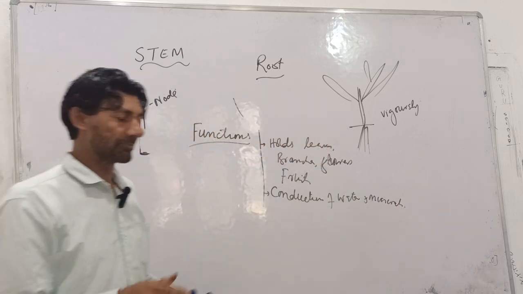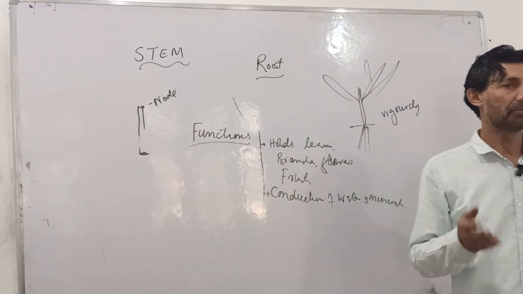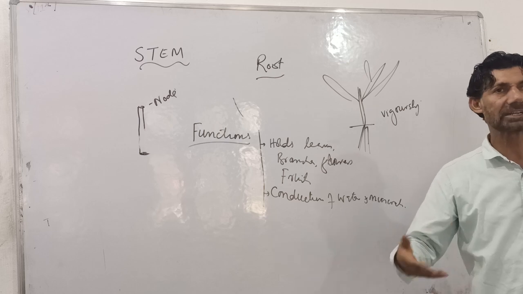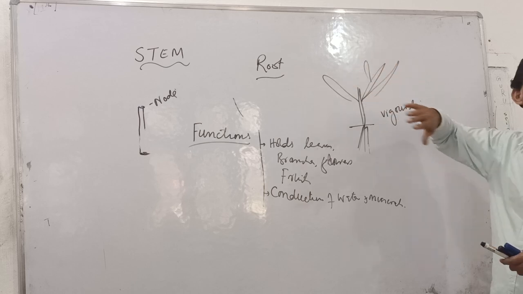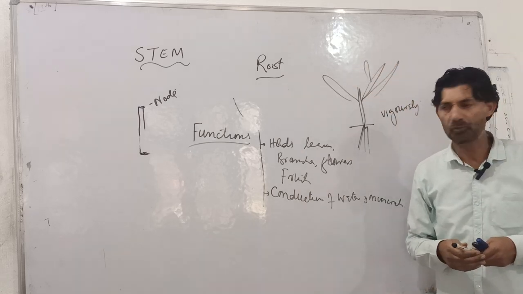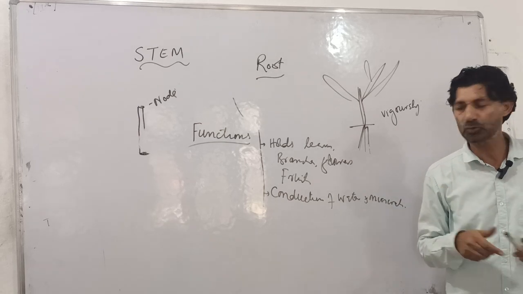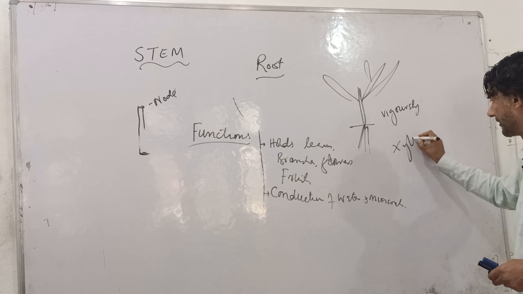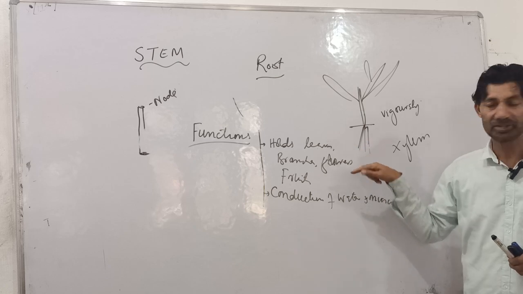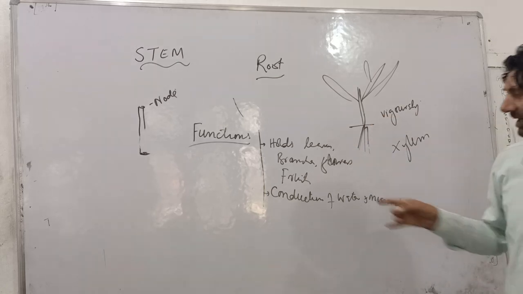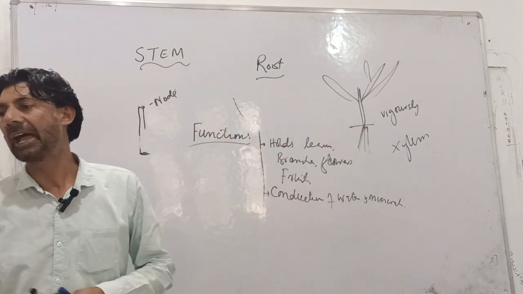Roots absorb minerals and water, but to carry them to the branches and leaves and other parts of the plant, the stem plays the main role through the tissue called xylem. Through xylem it conducts water and minerals. So the main function of the stem is conduction of water and minerals.